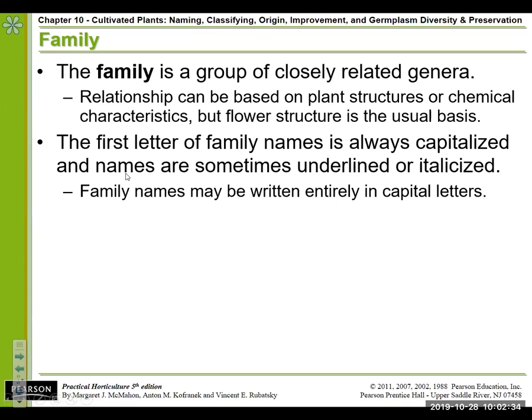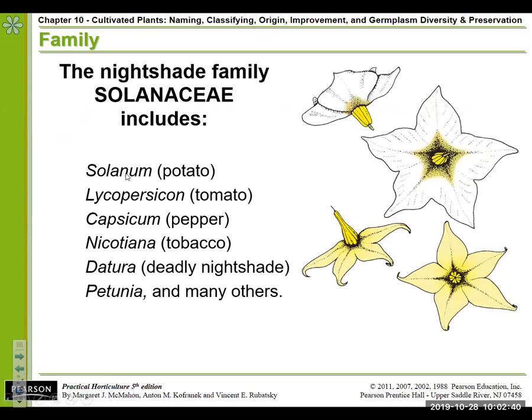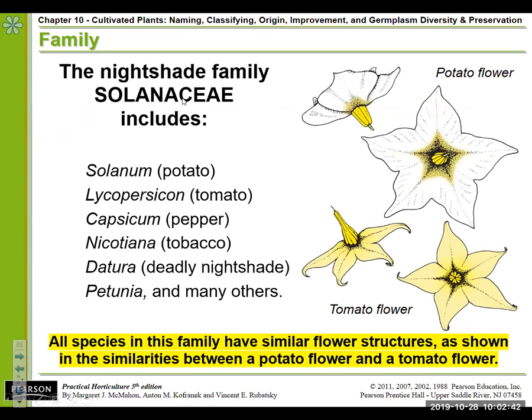So with family names, we capitalize them. We don't have to underline or italicize them though. They all have this same ending, aceae, or if you want to say the Italian Latin, acheh, however you pronounce it, I don't care.